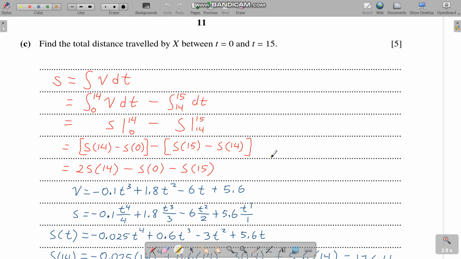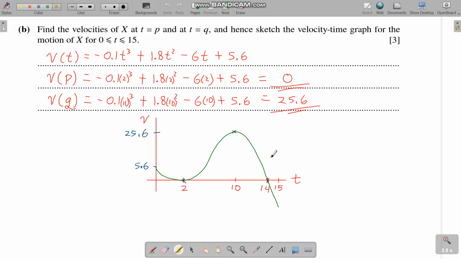Alright, next find the distance traveled between 0 and 15. So between 0 and 15 means we need this area and this area and this area. For the area above the x-axis, from the integration we will get something positive, so we just integrate from 0 to 14. But when we integrate from 14 to 15, from the integration we will get something negative.